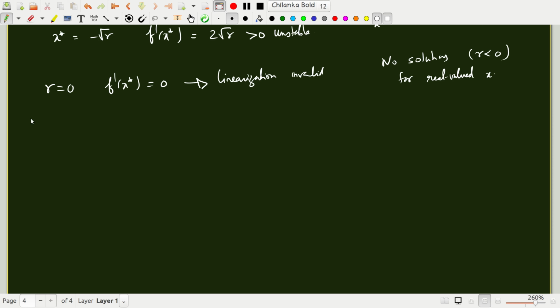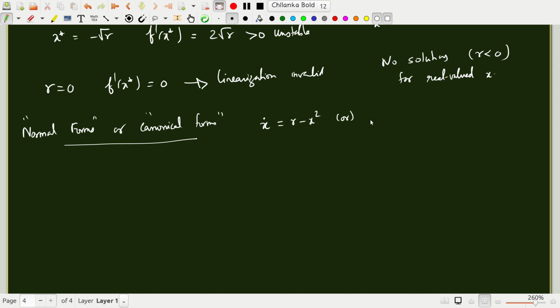Now before I go to the next bifurcation, I want to mention what are called normal forms or canonical forms. Now the equations that we wrote, x dot is equal to R minus x squared, or x dot is equal to R plus x squared, are these the only ones that will exhibit saddle node bifurcations?